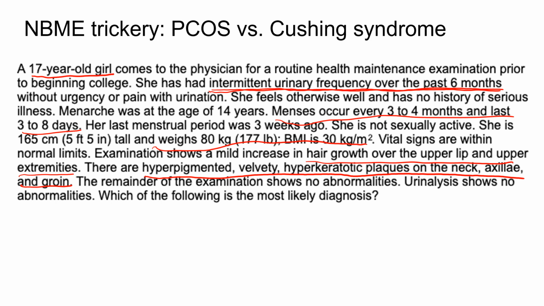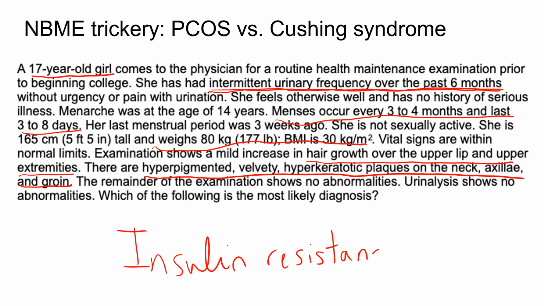Whereas Cushing's will talk about hypertension, the patient will have abdominal striae, and the patient will have increased weight gain, not just being heavy, but actually actively gaining weight. In a patient with PCOS, their weight will be stable but heavy, and they'll often have signs of significant insulin resistance. So acanthosis nigricans or polydipsia, polyuria, polyphagia.